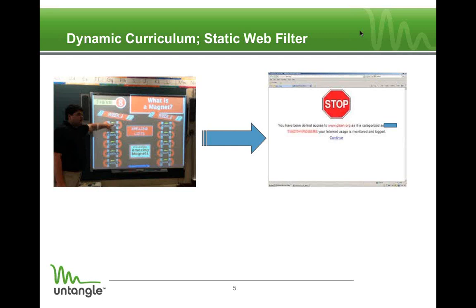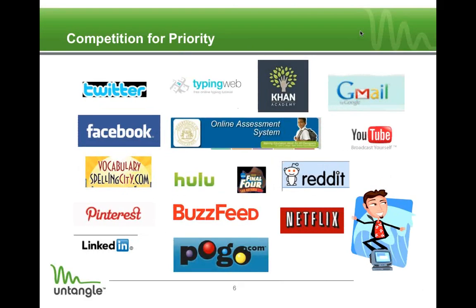So, we understand that this is a dynamic environment and that traditional static web filtering solutions may not be the best options for you. The other thing that happens is, web filtering is sort of table stakes to get into the game, but once you allow everything else to come over your pipe, all those different internet applications are competing for the same bandwidth resources.